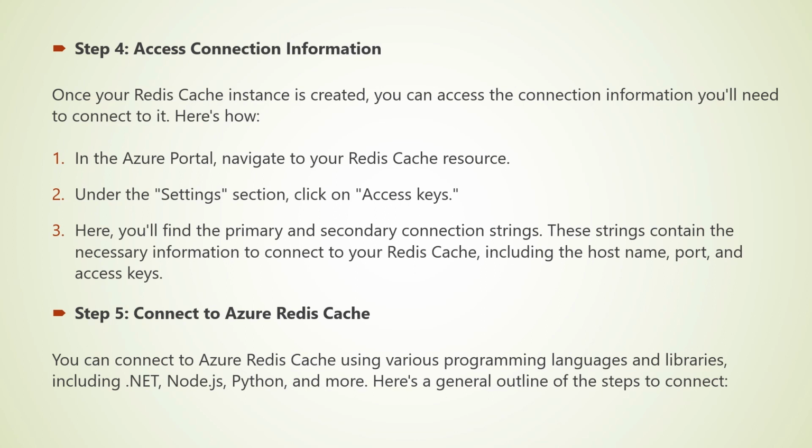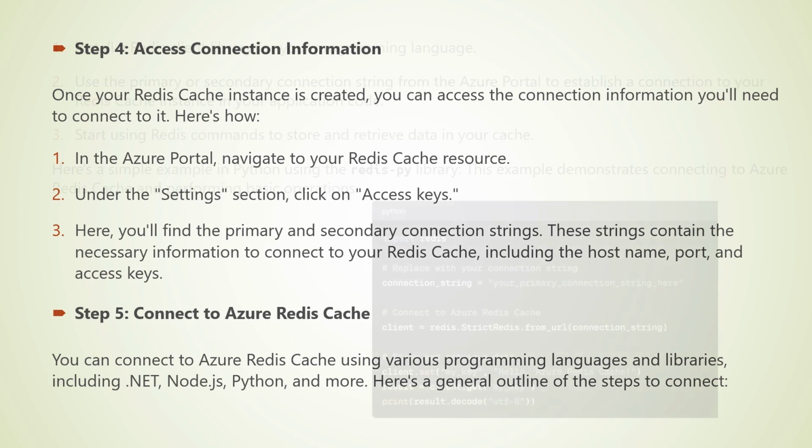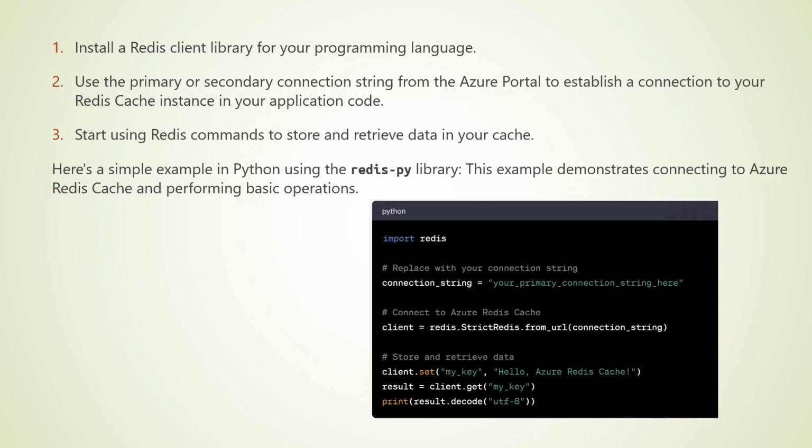Step 5. Connect to Azure Redis Cache. You can connect to Azure Redis Cache using various programming languages and libraries, including .NET, Node.js, Python, and more. Here's a general outline of the steps to connect. Install a Redis client library for your programming language.